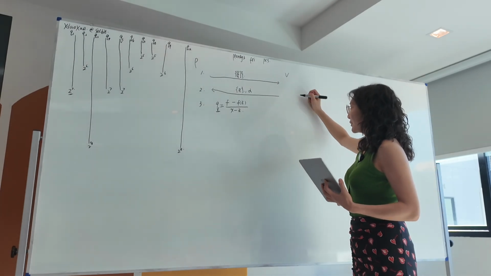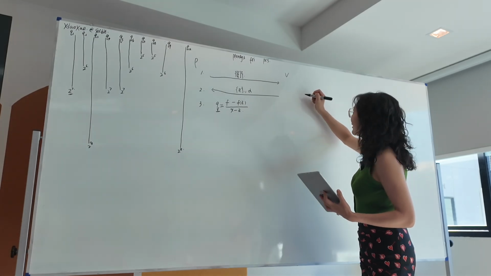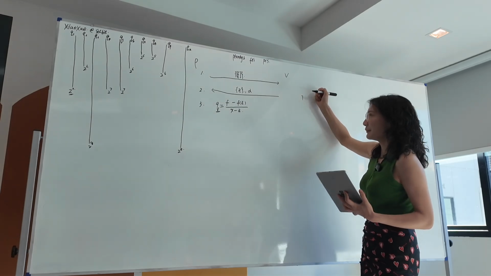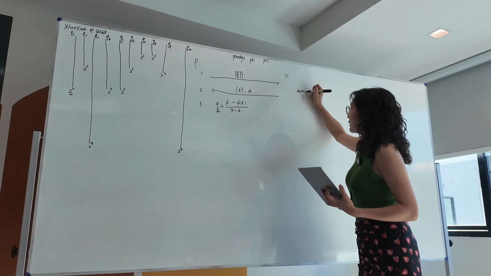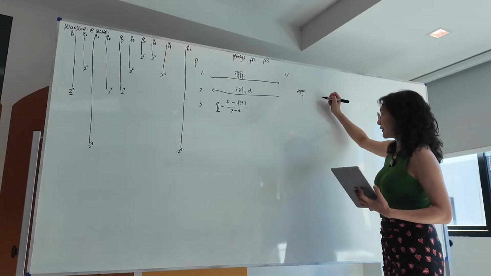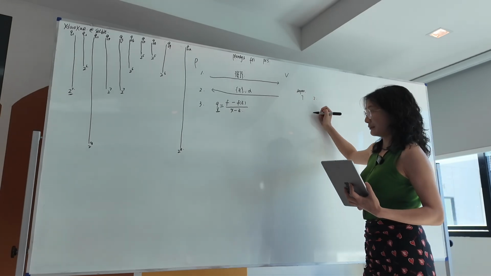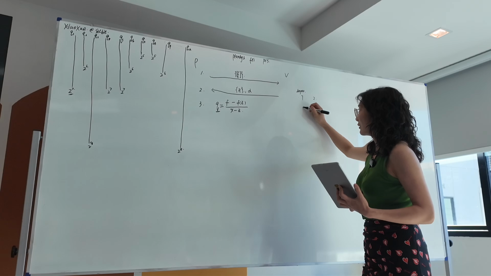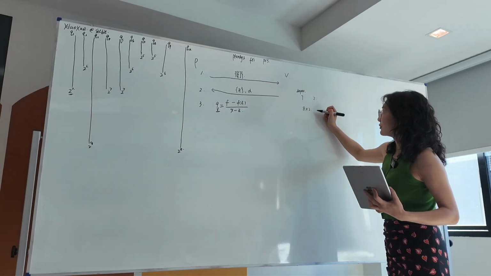If your degree is like 7 and the blow up factor is 2, then the length of the code will be 8 times 2.